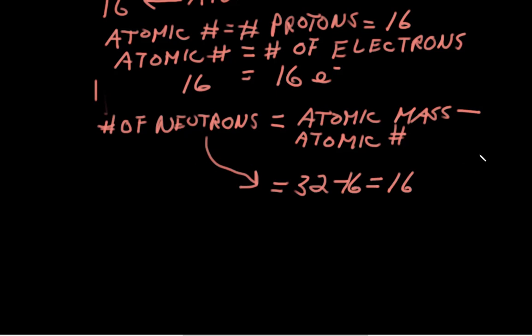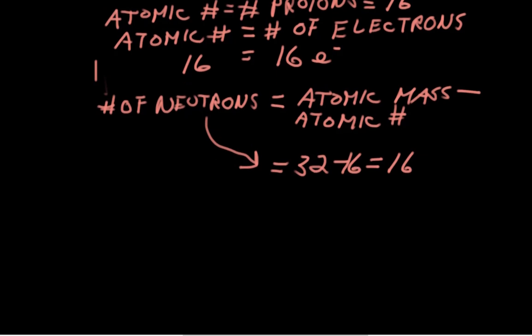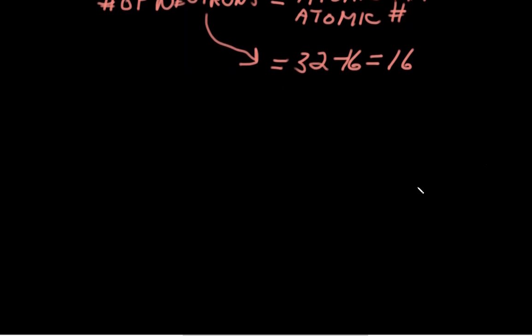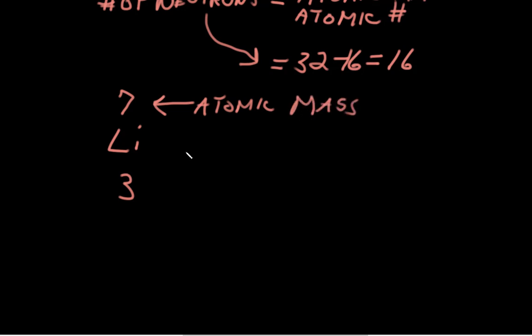Let's do one more problem here. Let's look at lithium. And let's say that lithium, most common isotope, has a mass of 7, and lithium has an atomic number of 3. So this is the atomic mass. This is the atomic number.